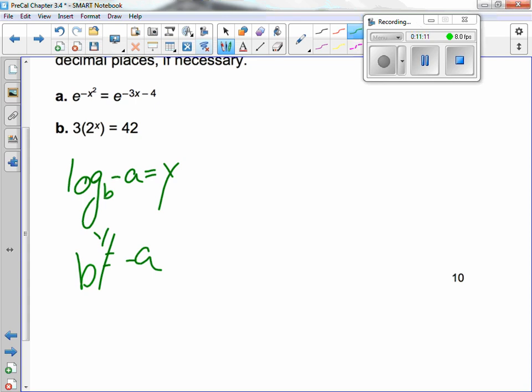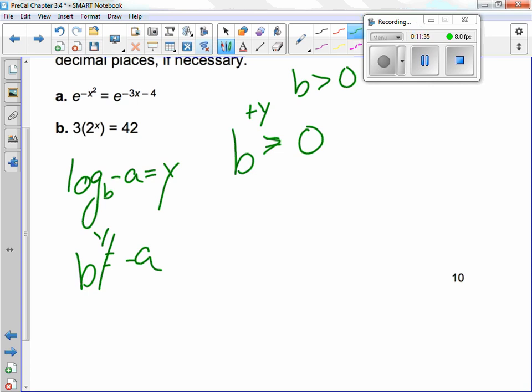I cannot have a negative value for it. Because b to a positive y value is going to give me a number greater than 0. Because any number I take, any power, is going to be greater than 0, as long as b is greater than 0.